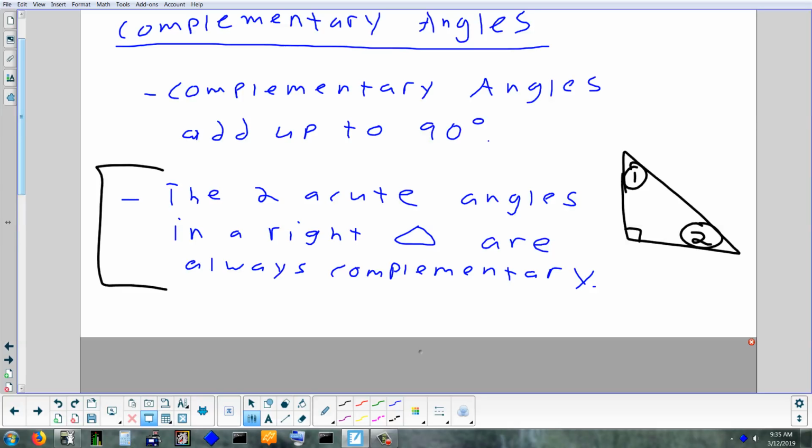Because the angles in a triangle have to add up to 180. So why do 1 and 2 have to be 90 though? Because you already have a 90-degree angle, so you need another sum of 90 degrees to make it 180. Exactly. So we already have a 90, so the other 2 have to add up to 90, or you're not going to have 180.